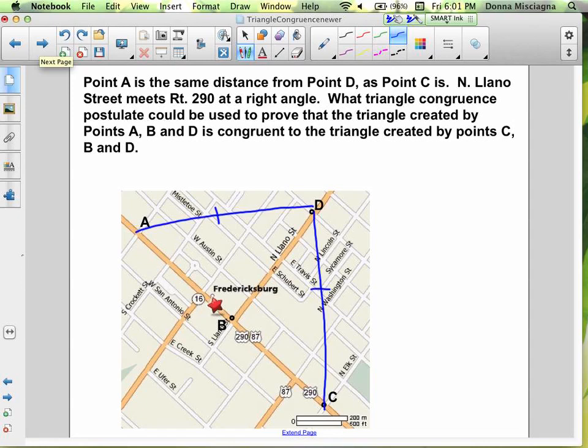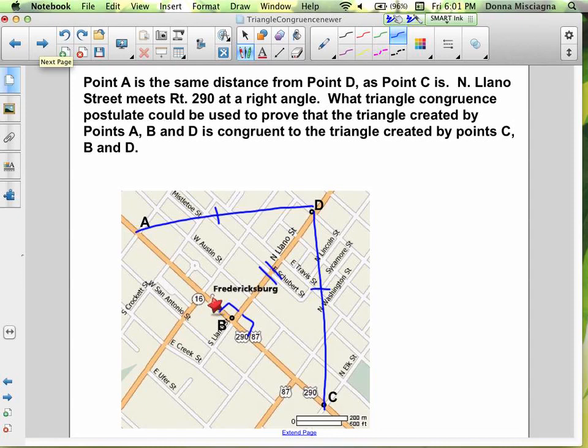North Llano Street meets Route 290 at a right angle. So North Llano Street is that one that's going right through the middle of the triangle there. There we have a right angle. Okay, so that's perpendicular. This, of course, North Llano Street is congruent to itself. What triangle congruence postulate could be used to prove that the triangle created by points A, B, and D is congruent?